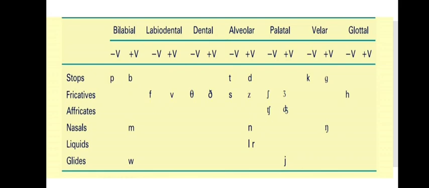Today we are going to discuss how these consonants are pronounced and where they are pronounced. We will discuss how sounds are voiced or voiceless, and how they are produced, meaning the manner of their articulation.